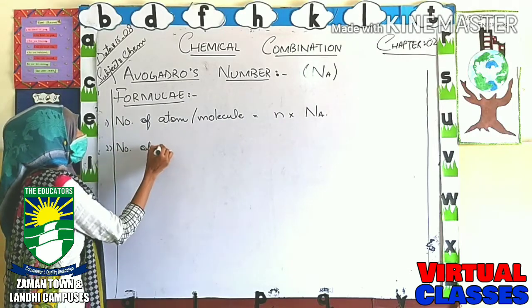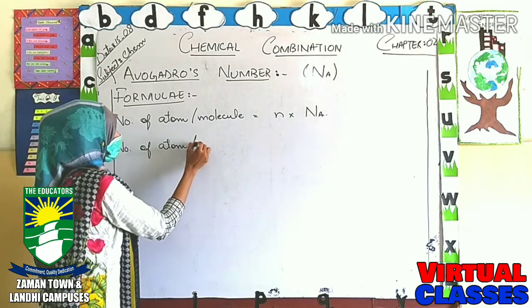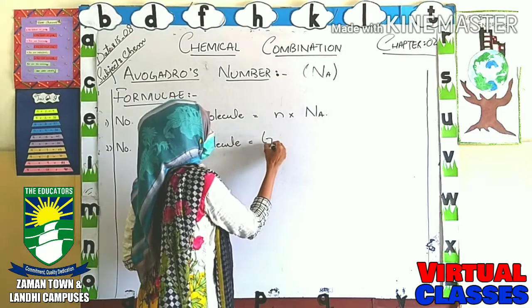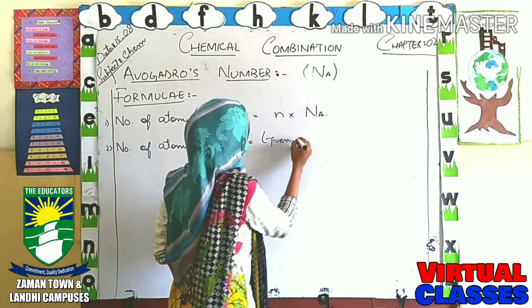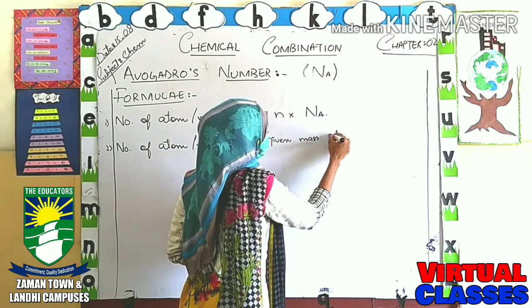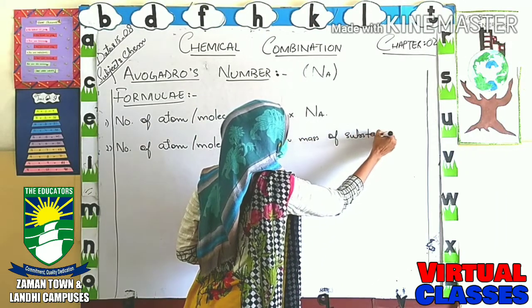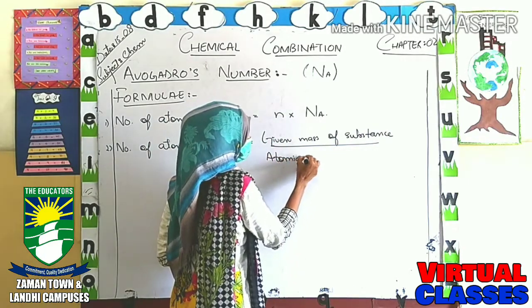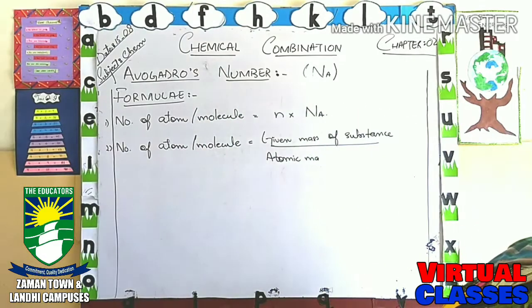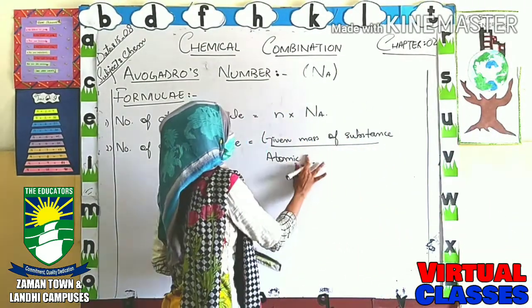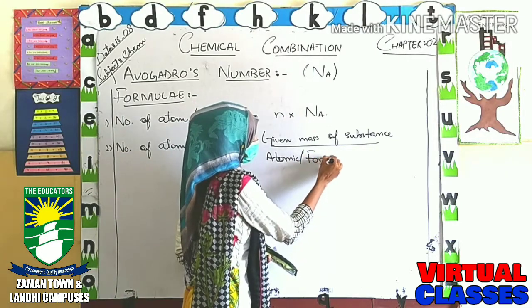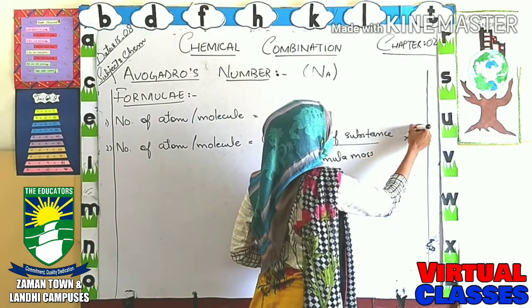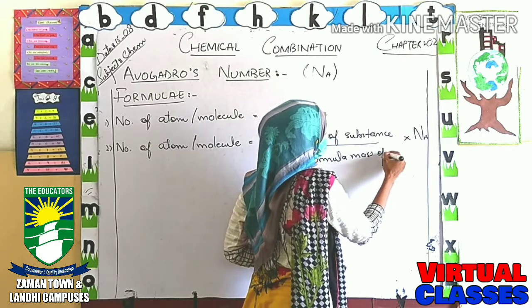Another formula: number of atoms or molecules is equal to the given mass of substance divided by atomic mass or formula mass of substance, multiplied by Avogadro number.